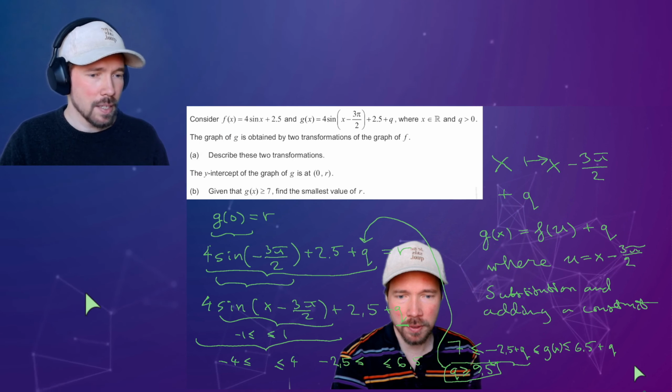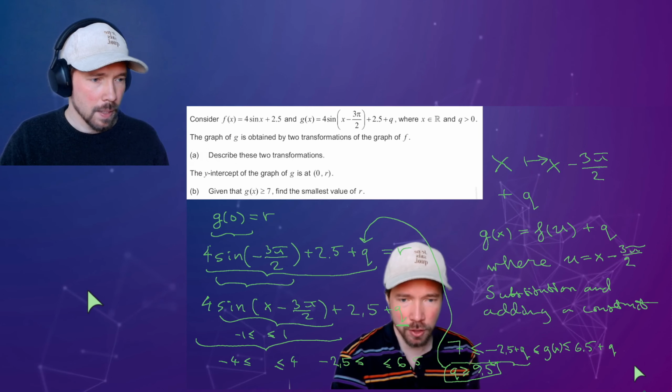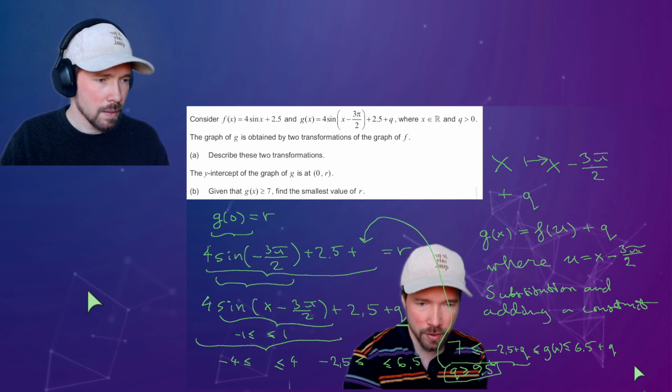So if I made a mistake on this side, that would not have influenced the solution. But since I made a mistake on this side, it actually influences the solution. Value in place of q now, which is 9.5.